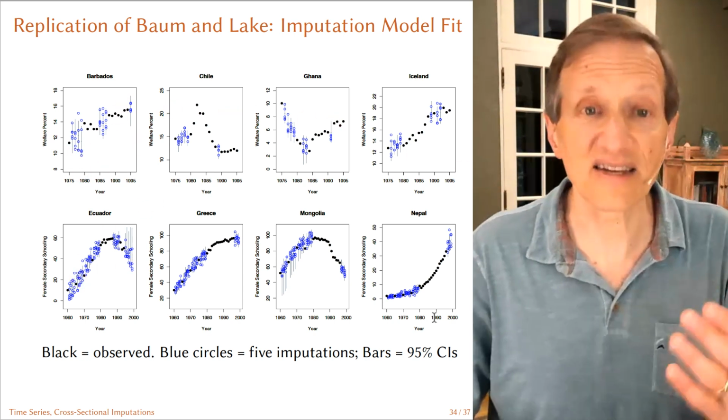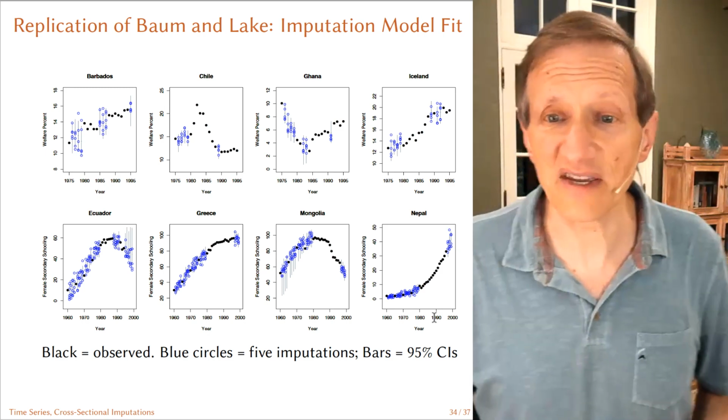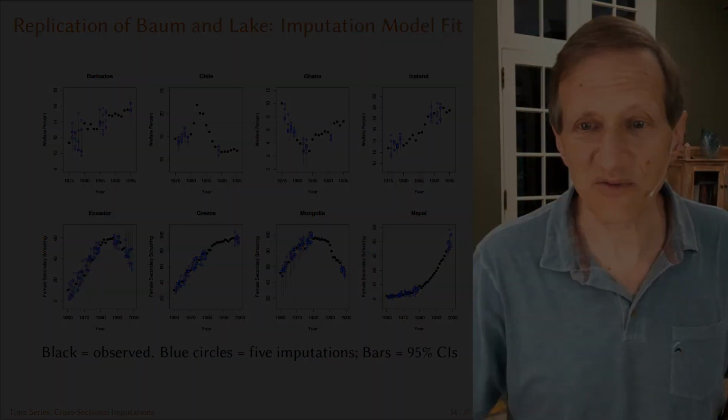So that's the kind of thing that you would see if you fit those models. Okay, so that's multiple imputation for missing data. That's exactly the kind of thing that you should use in your paper, in this course or in other kinds of courses.